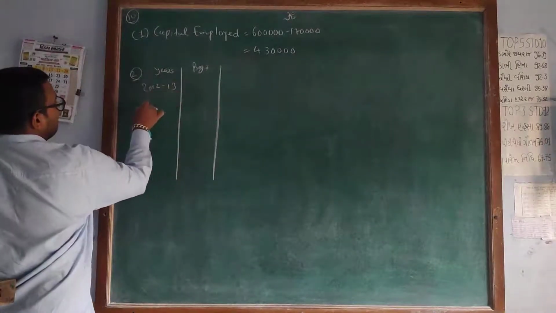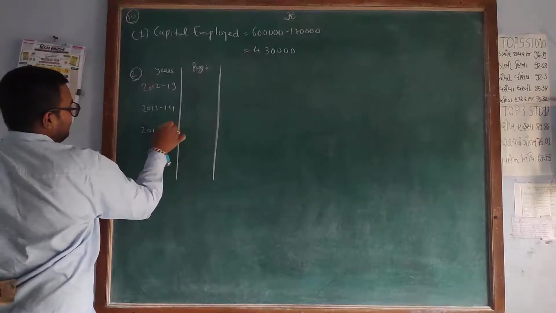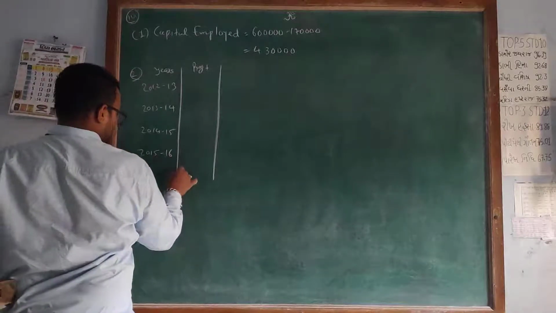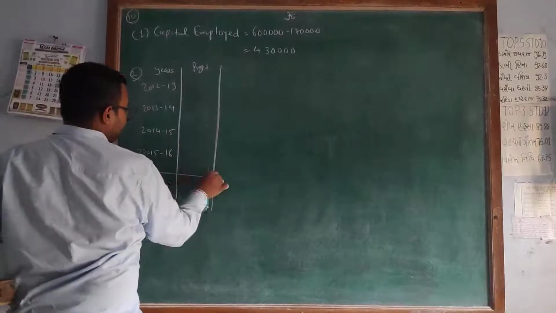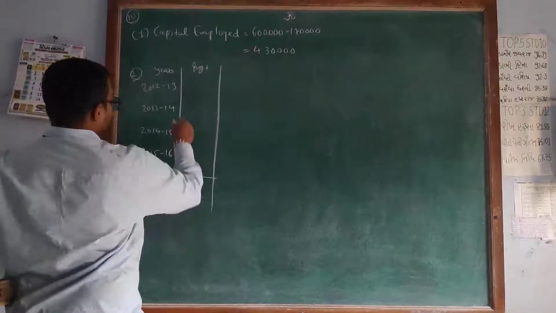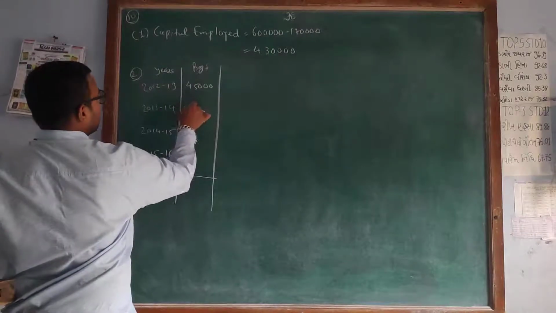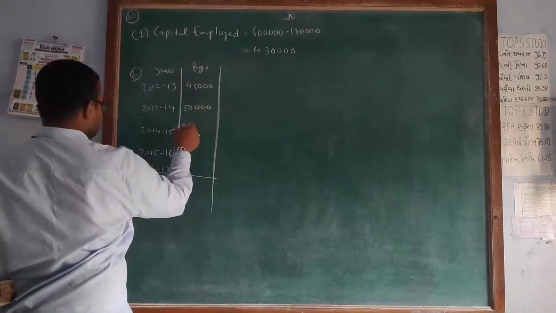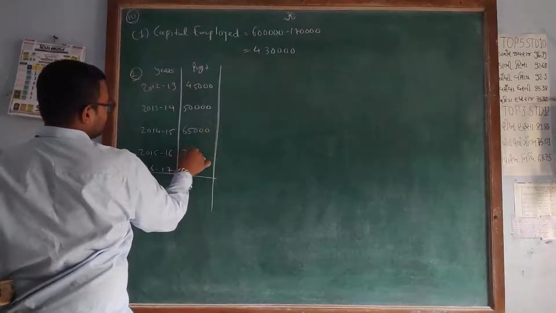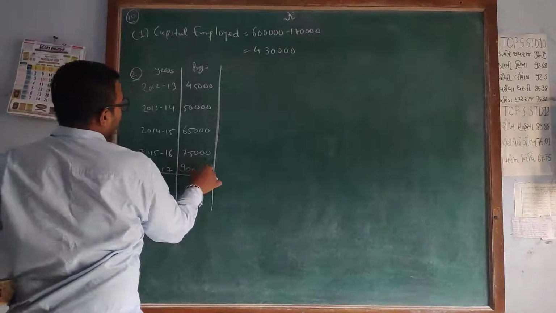Years 12 13 14 15 16 17 and profits 45,000, 50,000, 65,000, 75,000, 90,000.